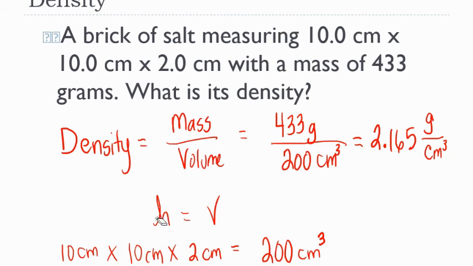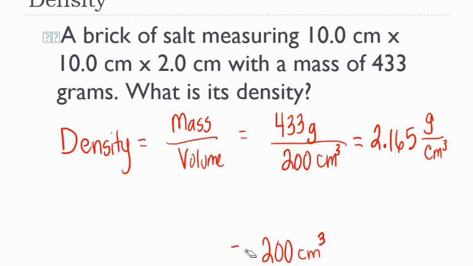Now, I want to talk about how we might go and rearrange this equation if we were asked to solve for other things. If they asked me to solve for mass, how would I get mass by itself? What would I do algebraically to get mass by itself? Right now it's divided. What's the opposite of a division? Okay, so I'm going to reverse the process.